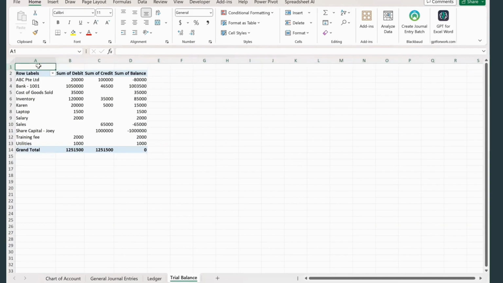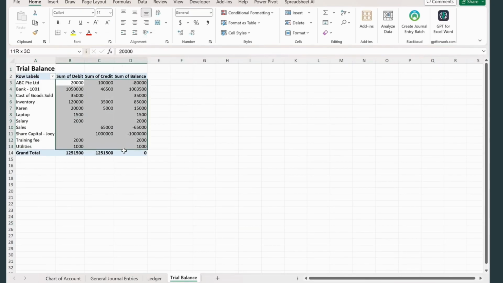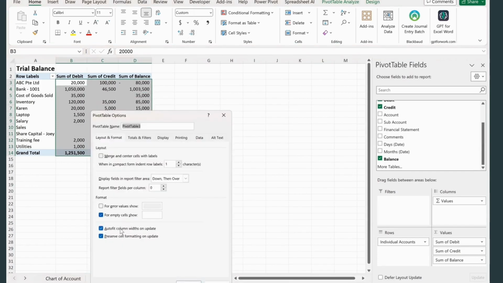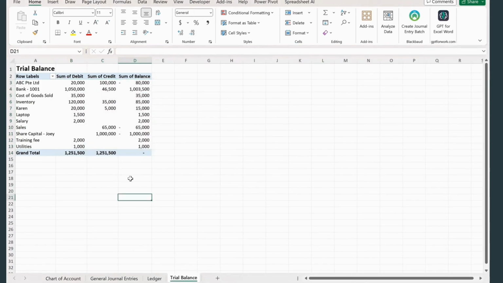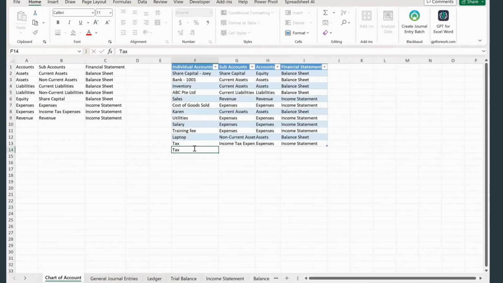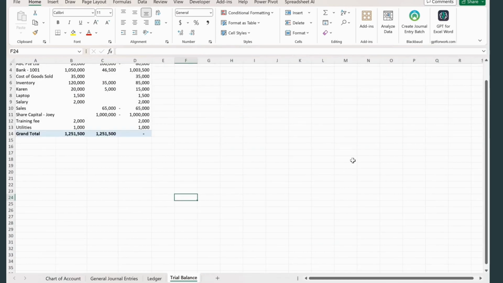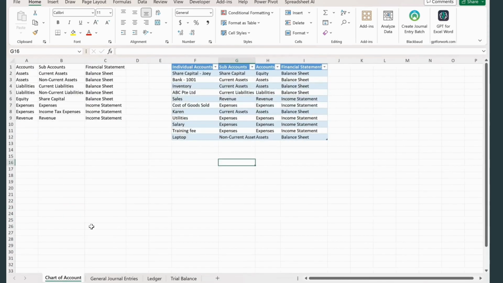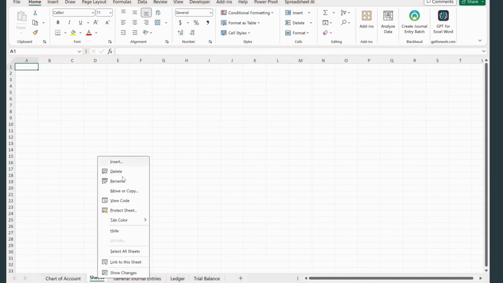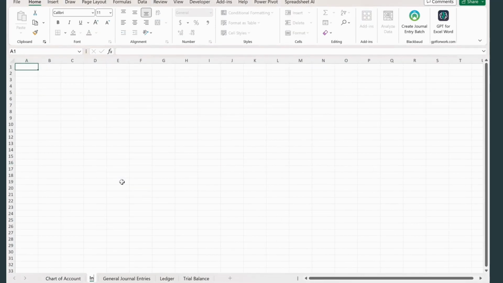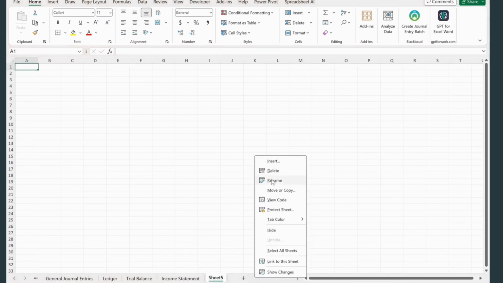So a trial balance, resize it. So now we are preparing income statement and our balance sheet.